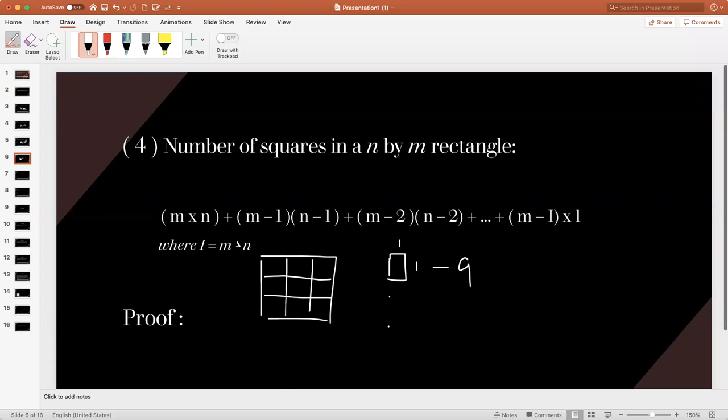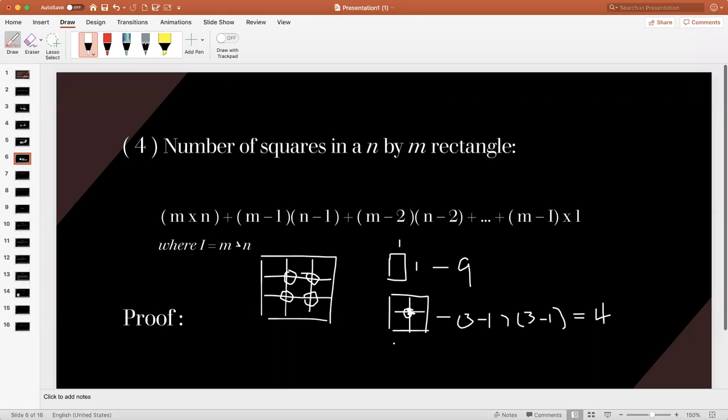And then the number of 2 by 2 squares: to count 2 by 2s, we really just count the center things. We have 1 of them here, 2 here, 3 here, and a fourth one here. So we have 3 minus 1 times 3 minus 1, which is 2 times 2, which is 4 of them. So we have 4 2 by 2 squares.